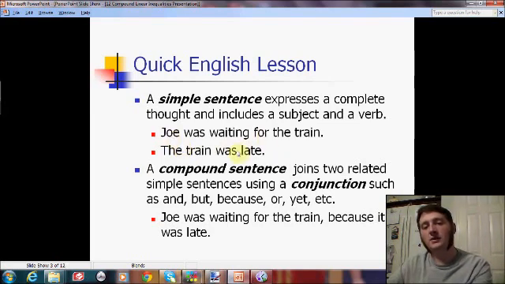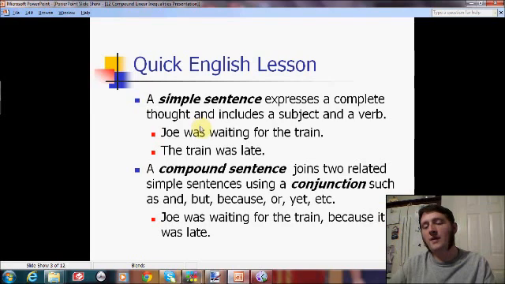So instead of these two simple sentences, let's make this a little more interesting for the reader and create what's called a compound sentence, which joins two related simple sentences using a connecting word called a conjunction. And, but, because, or, yet. There are a few others. And so same basic thought as these two sentences, but as a compound sentence. Joe was waiting for the train because it was late.